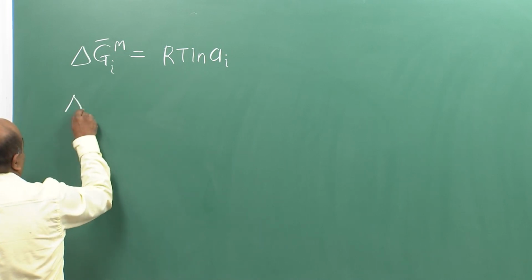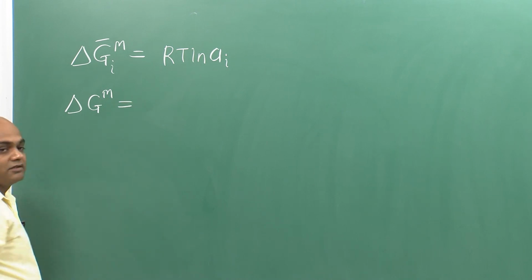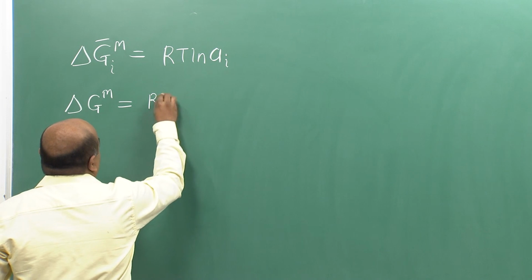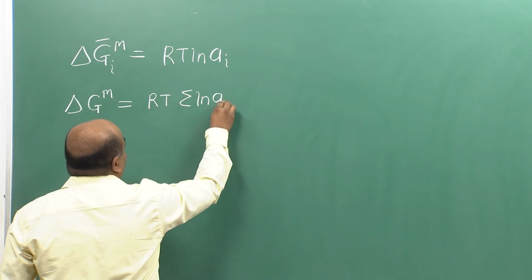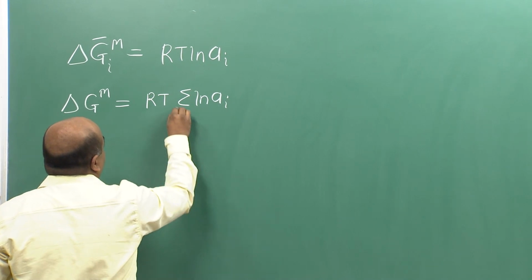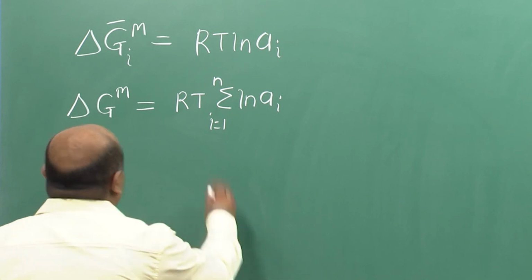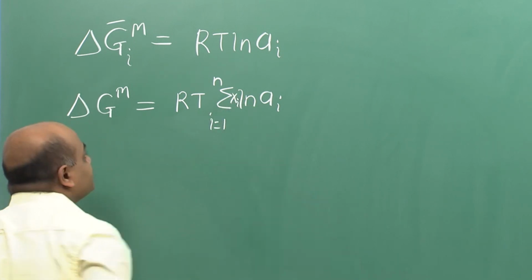And so, we get molar Gibbs free energy of mixing if we form an n component solution as RT sigma ln ai, i equal to 1 to n. Sorry, there should be a factor xi.